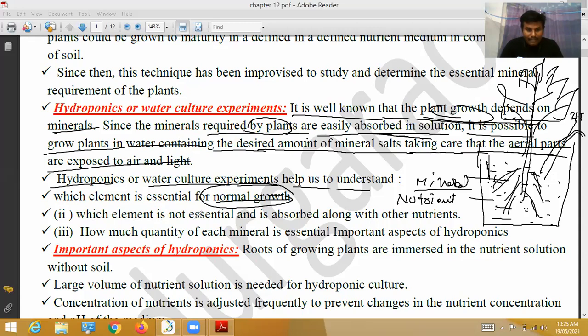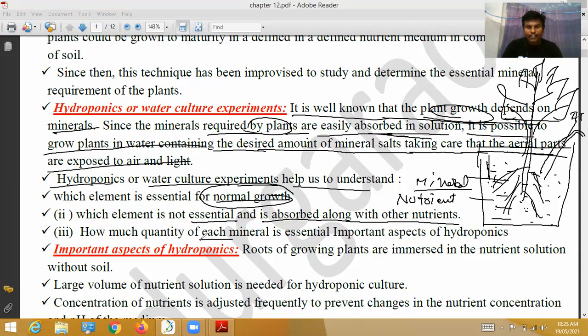Next, which element is not essential and is absorbed along with other nutrients by the plants. That is also something we can understand.